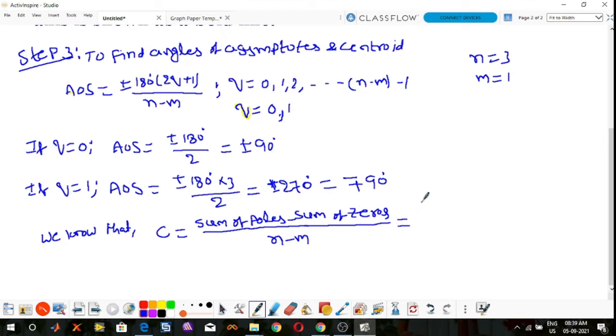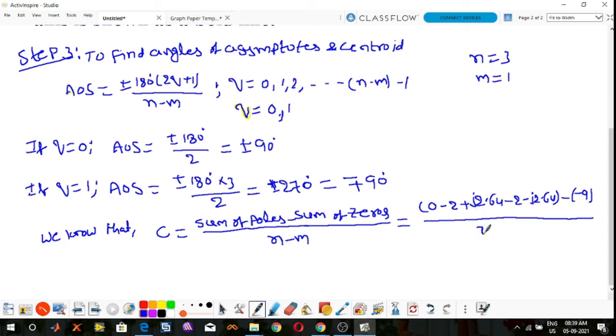The sum of poles is 0, minus 2 plus j 2.64, and another pole minus 2 minus j 2.64. Sum of poles minus sum of zeros. The zero here is s equal to minus 9, divided by n minus m.